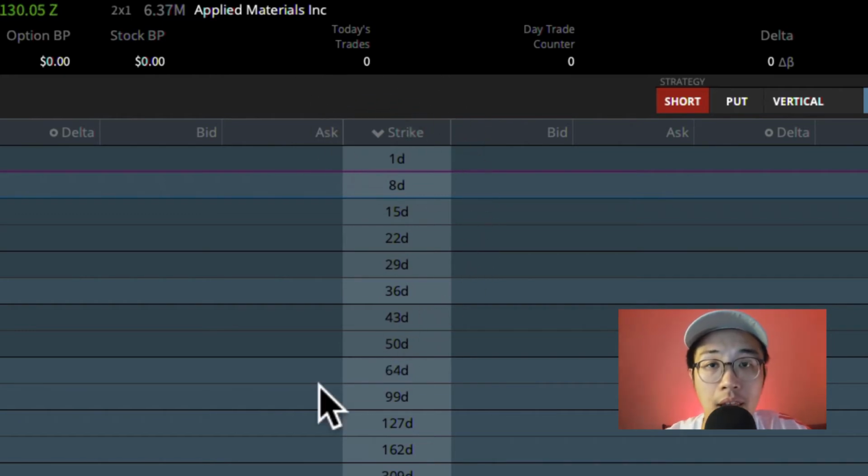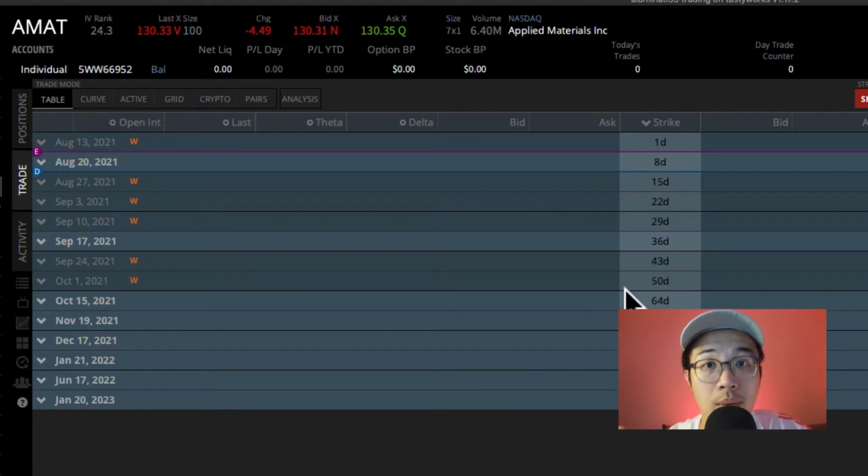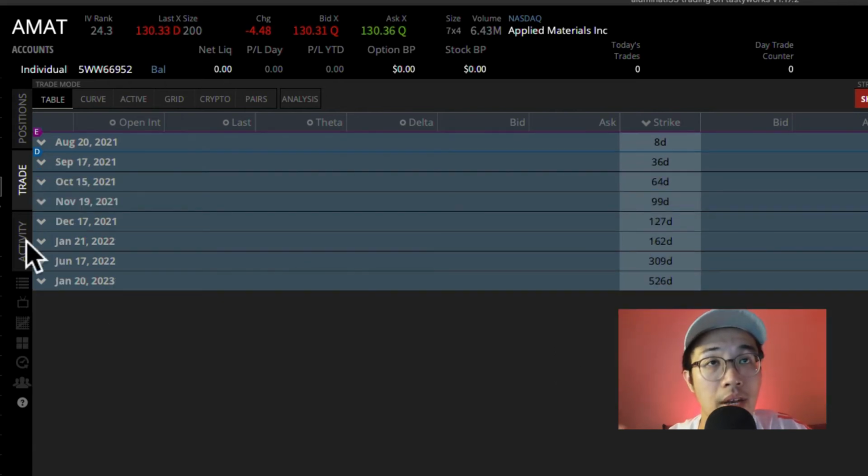This is because in the last 30 to 50 days of the option contract's life, that's where the extrinsic value of out-of-the-money options decays the fastest. So we want to make use of that. We want to put the theta decay in our favor. So we're going to choose the options that will expire on September the 17th, which is 36 days to expiration. And these are the regular option contracts, the monthly options. We're not choosing the weekly for this.